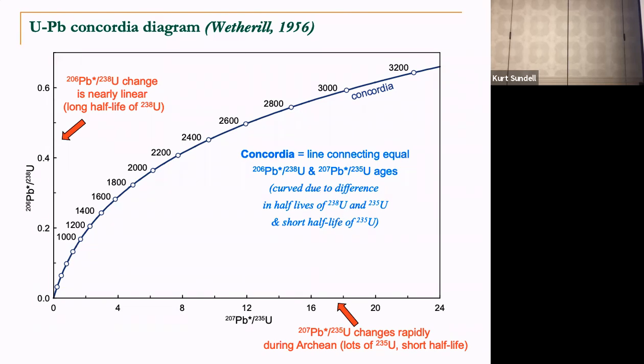We know that lead-206 to uranium-238, the rate of change is nearly linear, right? Because of that really long half-life. We saw that in all of our diagrams. We've got this really sloped, curved shape to the uranium-235 to lead-207 decay chain. And so that's what's giving this strong curve to Concordia.